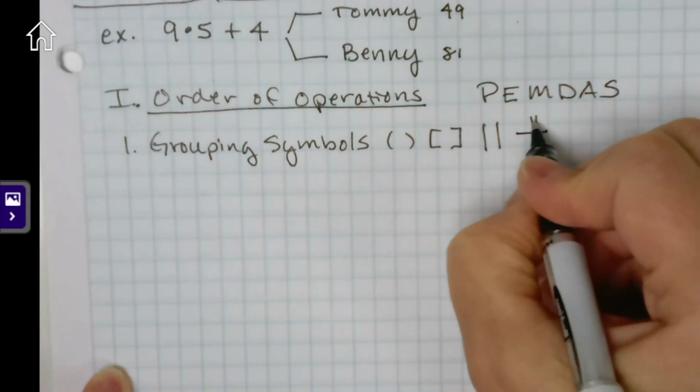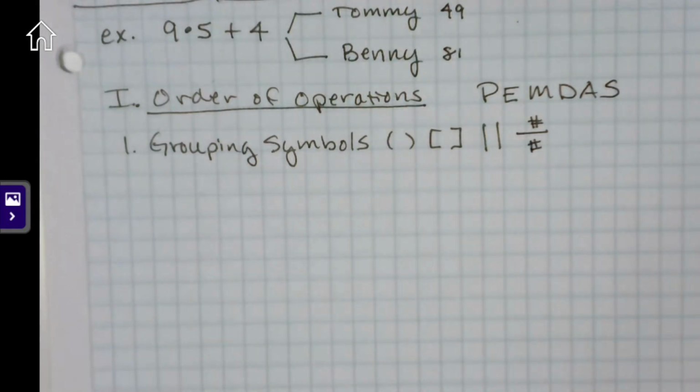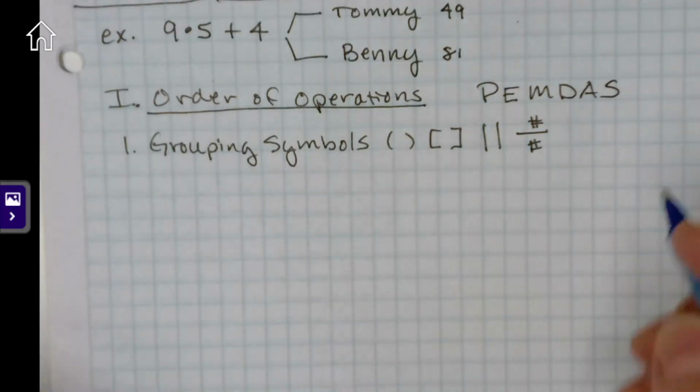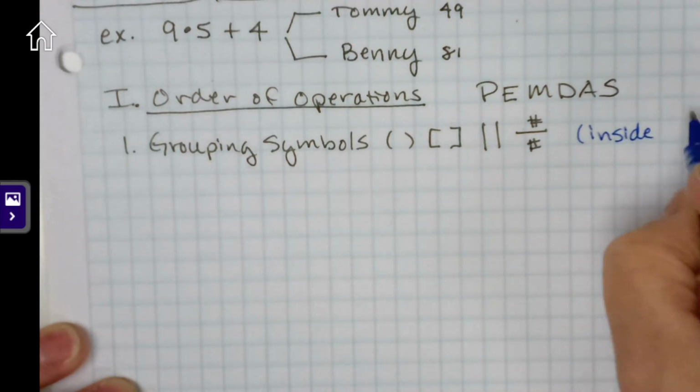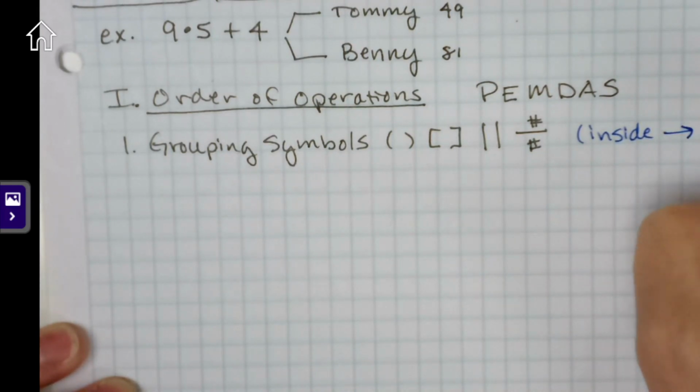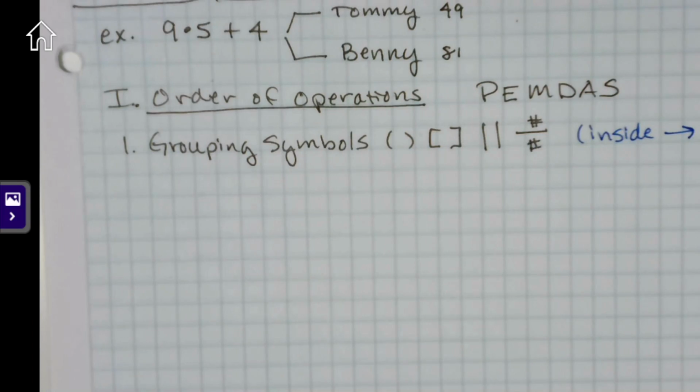Even a fraction bar is a grouping symbol. So any grouping symbols, you start with them first. You start inside the grouping symbols and work your way out. If there's one pair of grouping symbols nested inside another, you do the inside pair first and then work your way out.